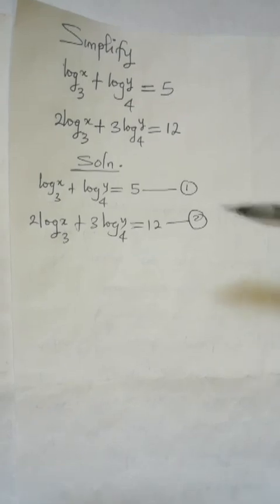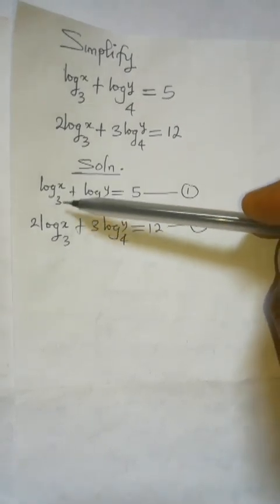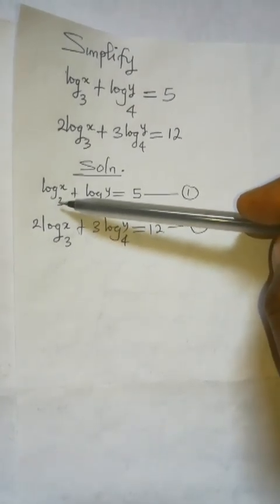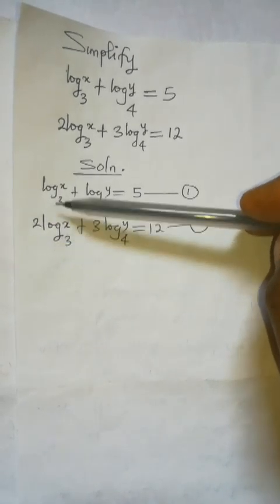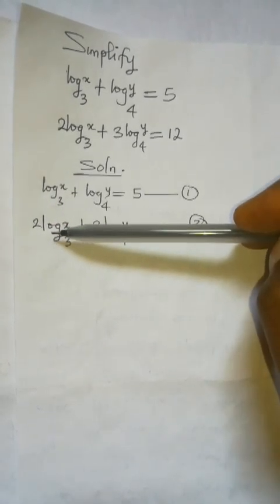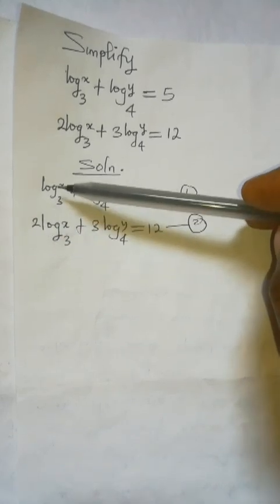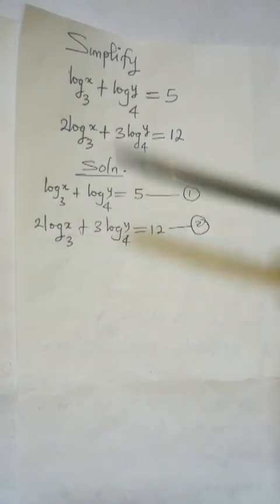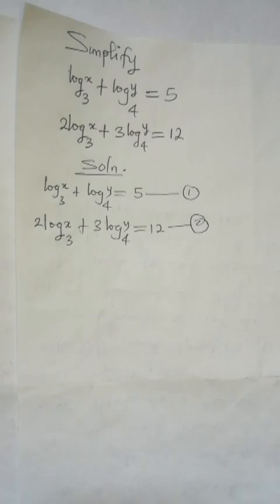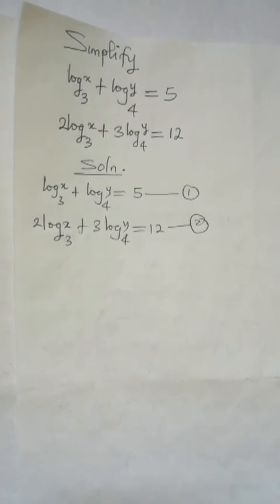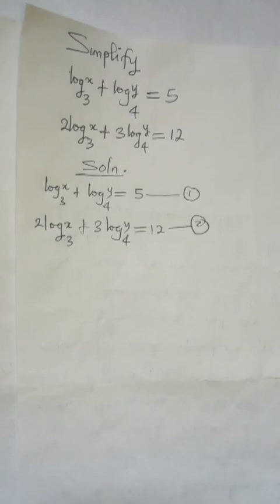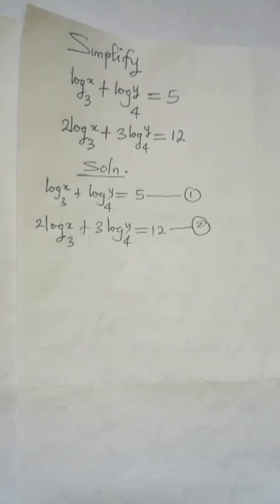So if you look at it critically, in the first equation the coefficient is 1, while in the second equation, for x, the coefficient is 2. So it will be more preferable if we use the elimination method. Since we have two types of methods, substitution and elimination, it will be easier to use the elimination method. So let's give it a try.